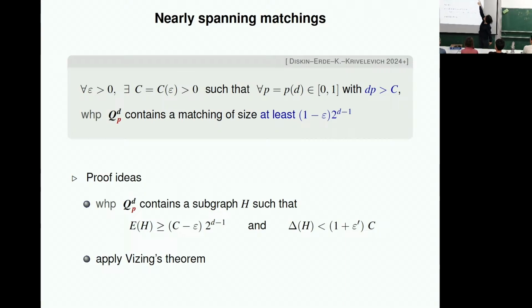Average degree, d times p, is about c. You make sure that you peel out, delete, but you can also guarantee the number of edges is not too small, and then using the so-called Vizing theorem, you can guarantee a much larger matching. If you don't know, you just type in Google, what is Vizing?